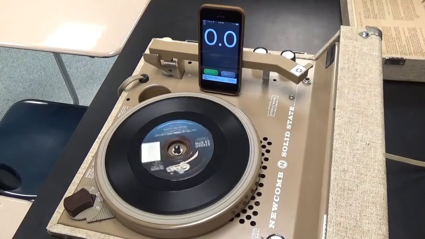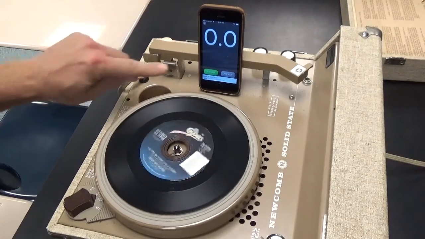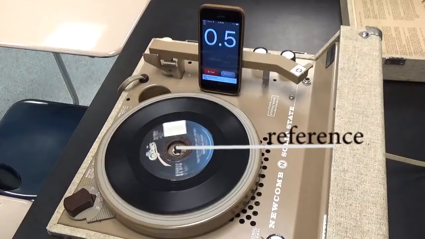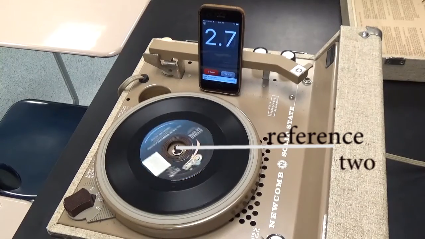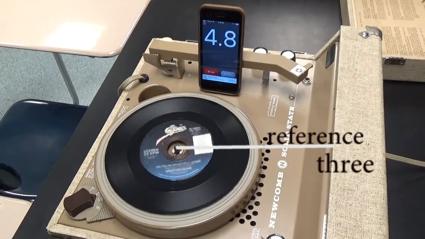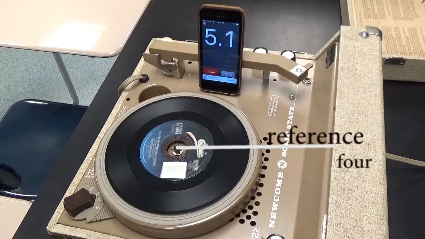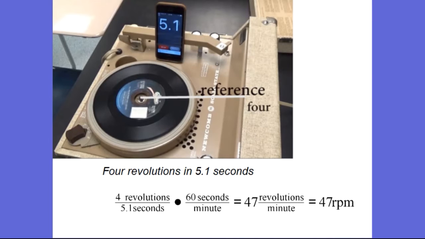Let's measure the angular speed of this record player. So it turned 4 times in 5.1 seconds. So I'll divide 4 revolutions by 5.1 seconds, and I want to convert this to revolutions per minute.